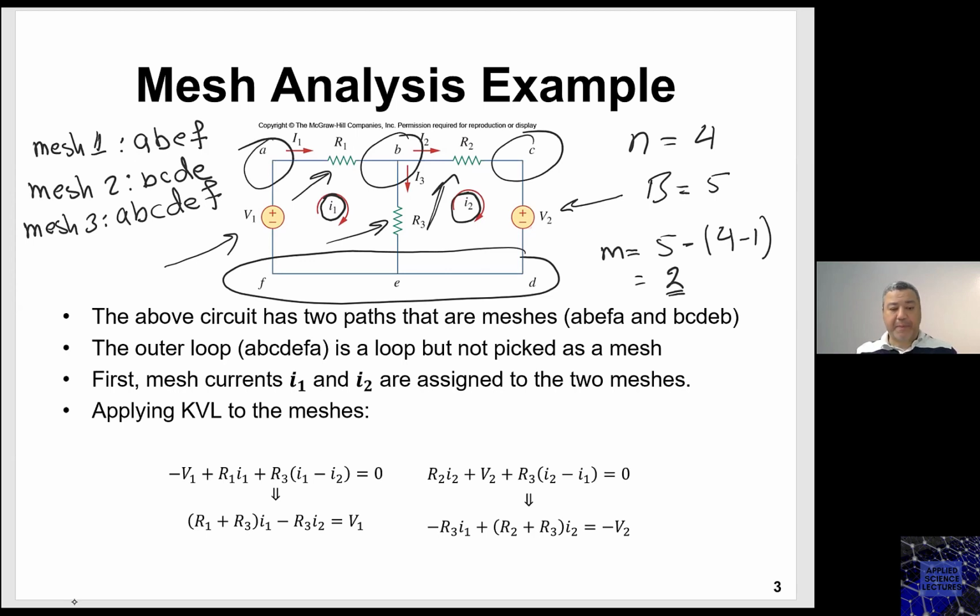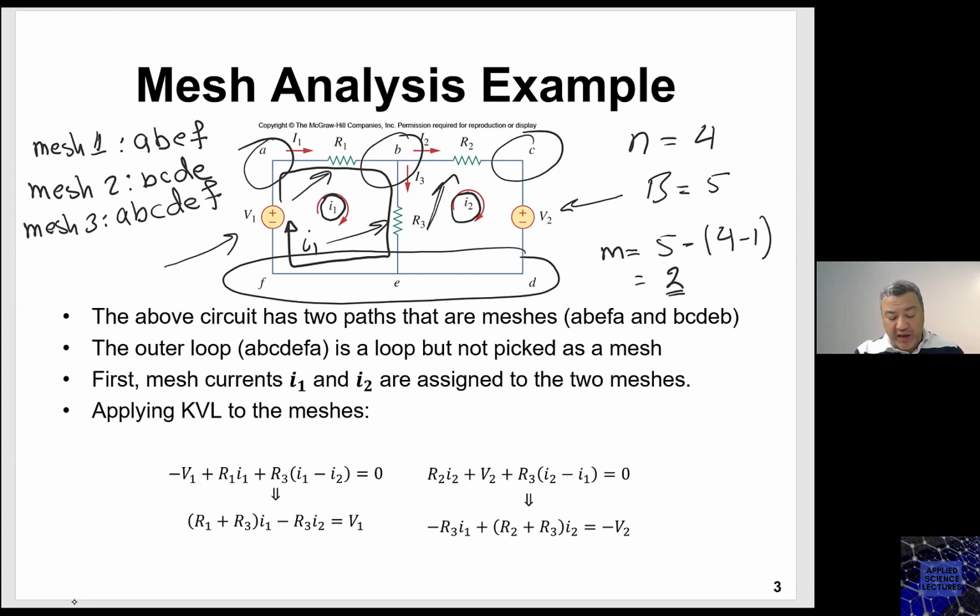So what does it mean when I say those mesh currents are my variables? I am assuming that this small I1 here is the current that goes in this mesh.